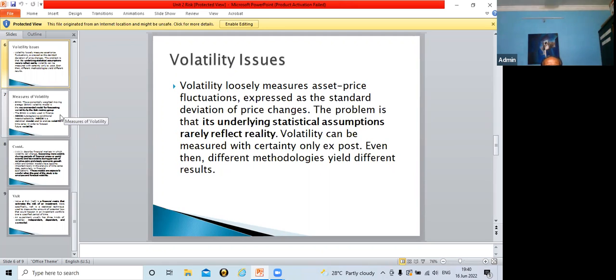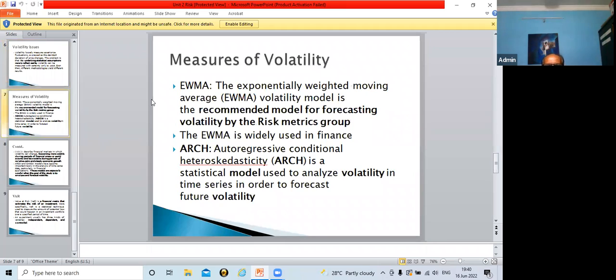Now, how to measure volatility? Let us know about that. Measures of volatility. Now this is one, EWMA. What is this EWMA? Maybe in your multiple choice questions, if the university conducts multiple choice questions, or in your offline examination, they may ask you the long form of EWMA.